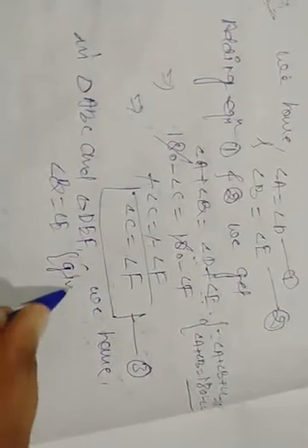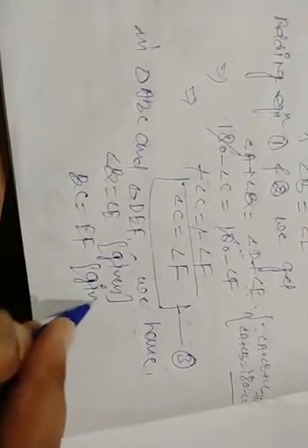Side BC is equal to side EF, this is also given. And angle C is equal to angle F, that is from equation 3.